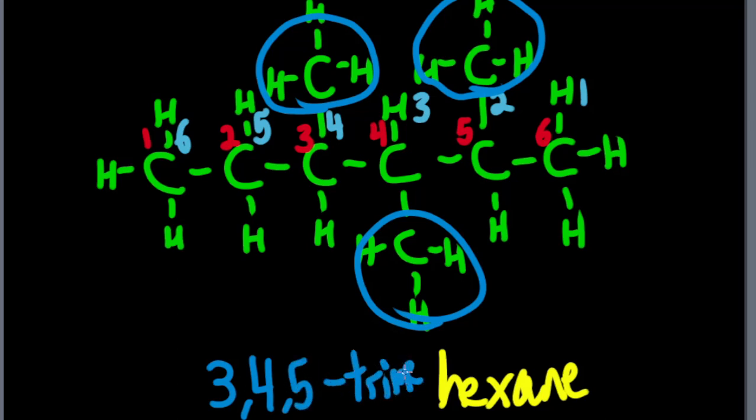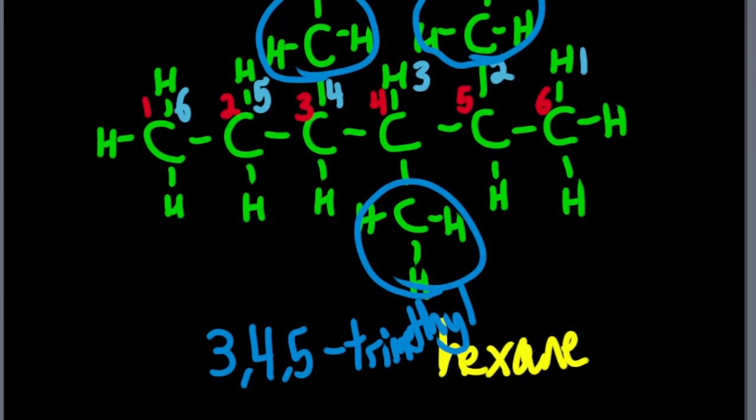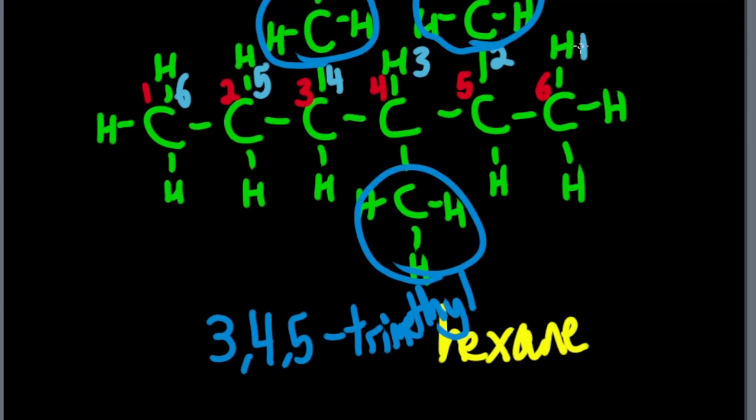Or if I went the opposite way, I would have 2, 3, 4 trimethyl, 2, 3, 4 trimethylhexane.